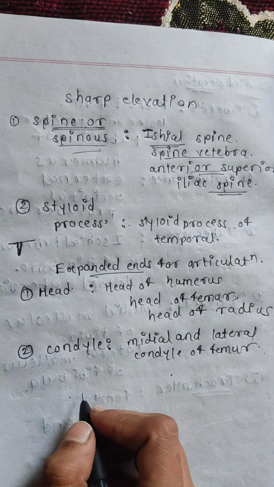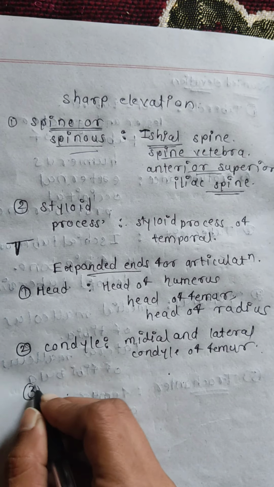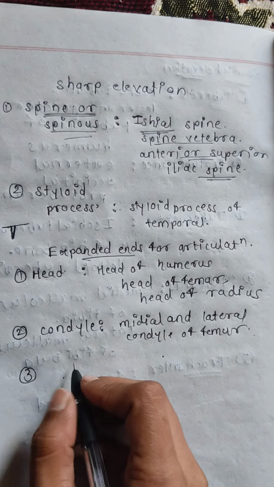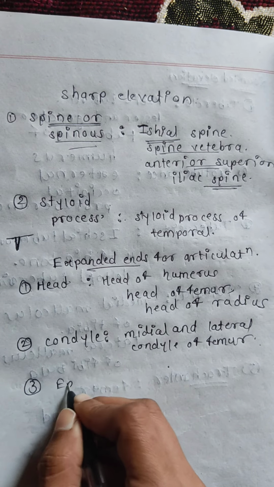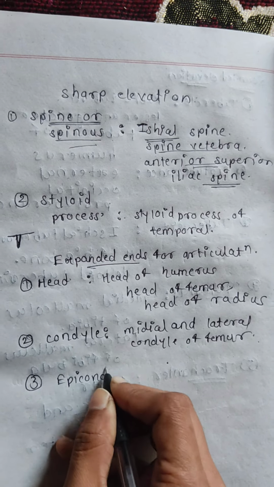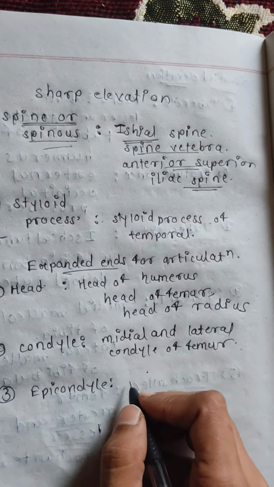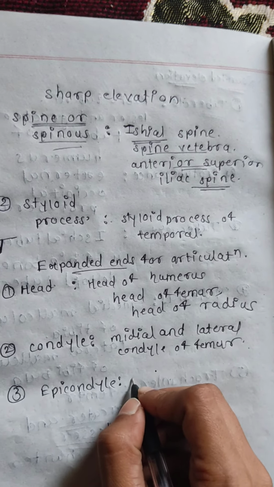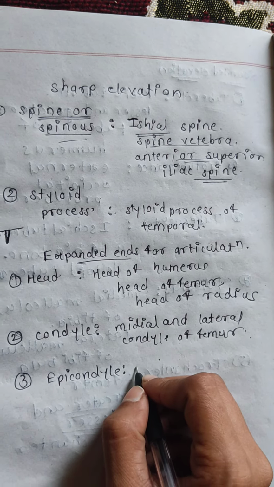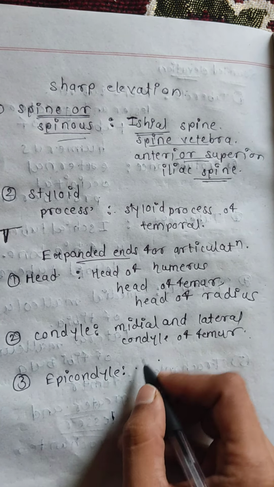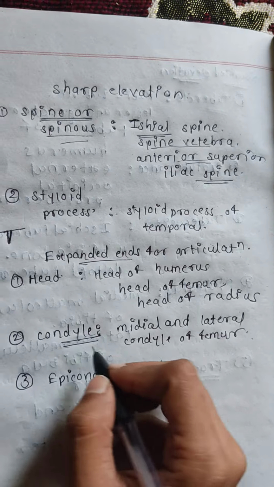And the third term used for the expanded end is the epicondyle, that is above condyle portion is called as epicondyle. And the example of this type of projection is the medial and lateral epicondyle of femur, that is the above condyle.